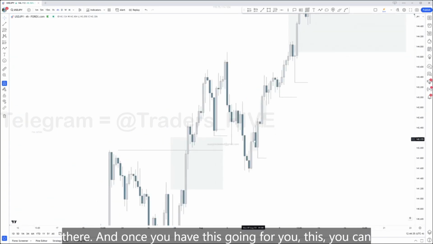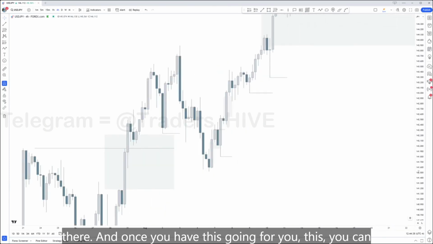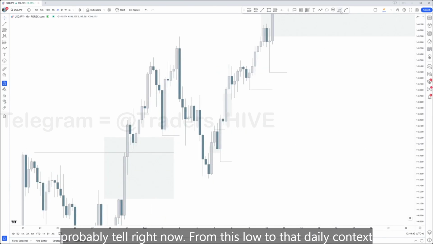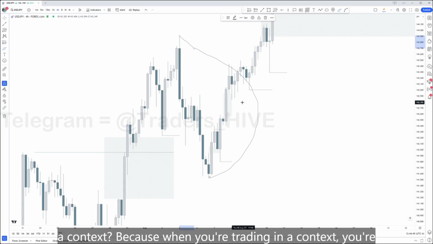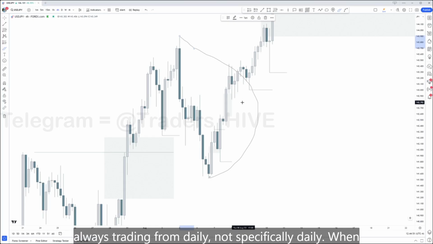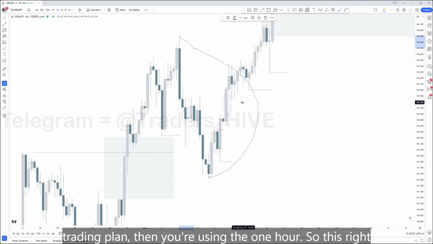And once you have this going for you, you can probably tell right now, from this low to that daily context high. And why do I call it a context? Because when you're trading in context, you're always trading from a discount array to a premium array, ideally on the 4 hour, daily, weekly, or monthly, unless you're using a flow trading plan, then you're using the 1 hour.